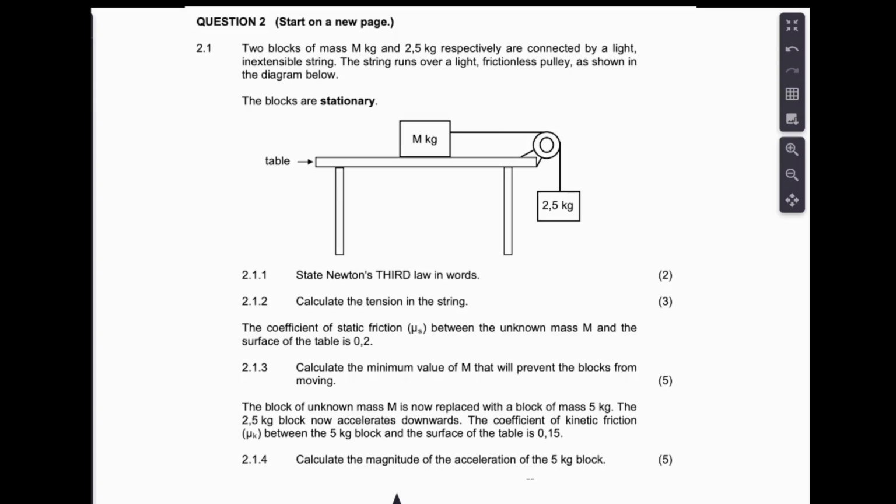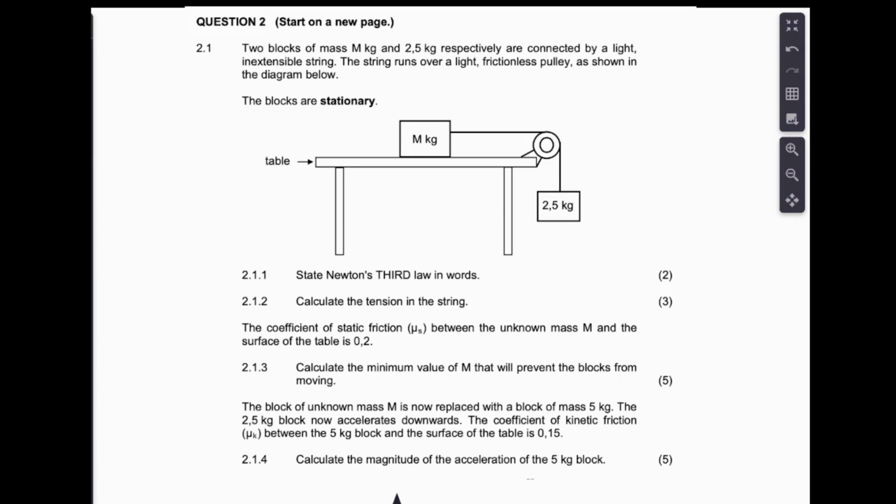Now, the coefficient of friction between the unknown mass m and the surface of the table is 0.2. Calculate the minimum value of m that will prevent the block from moving. Okay.